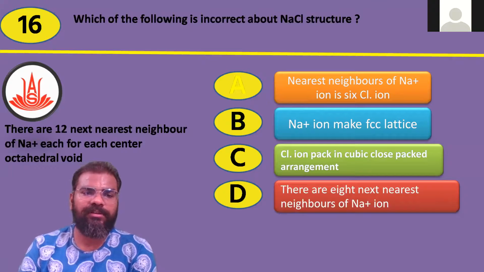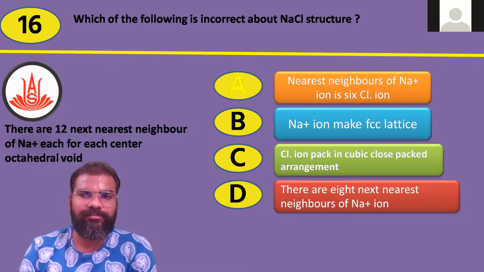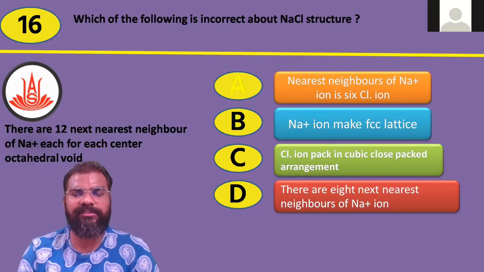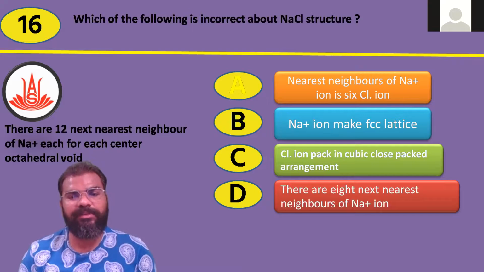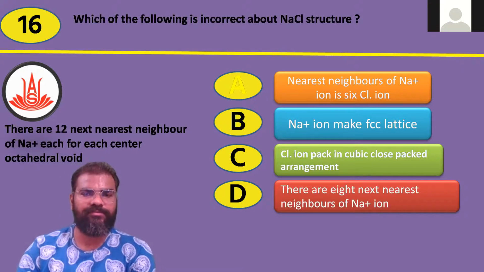See here, there are 12 next nearest neighbors of Na plus, each for each center octahedral void. Okay. So here option A, nearest neighbor of Na plus ion is 6 chloride ions, that is the incorrect one. Incorrect हमें choose करना है, बाकी सब correct है भाई, B, C and D. The A is the incorrect one.